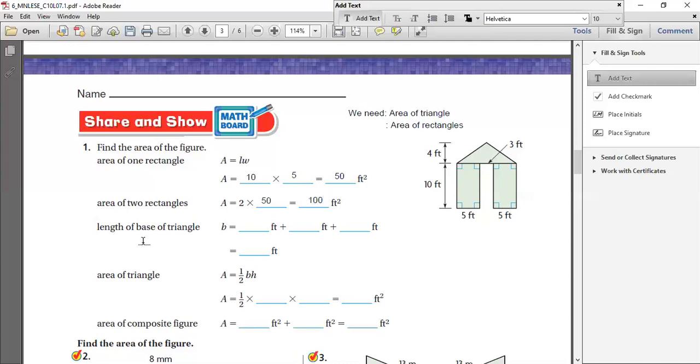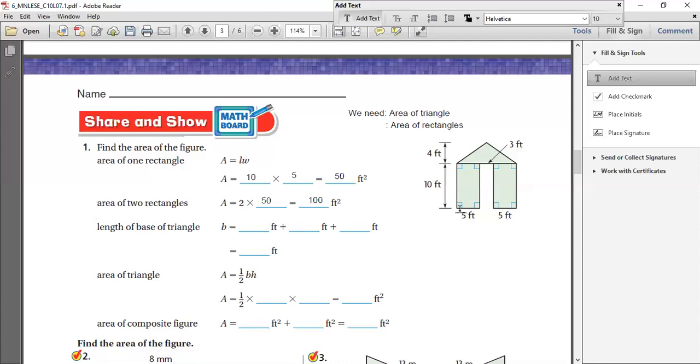Okay. Then the length of the base of the triangle. Here, if you notice, even I did not notice this. They have given you only this part of the triangle as 3. Only this tiny part is 3. Now what about the remaining parts?